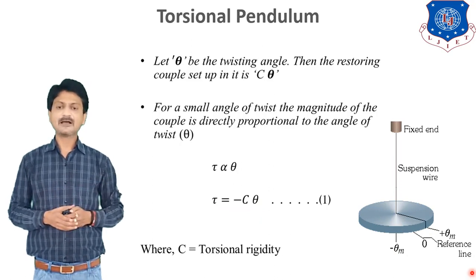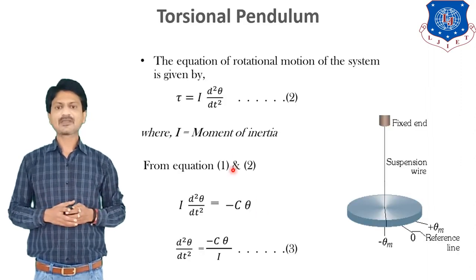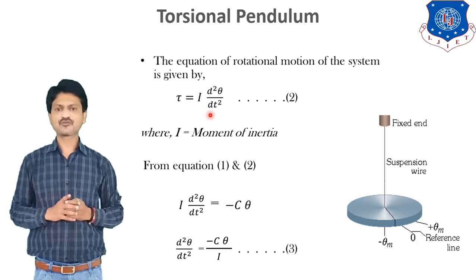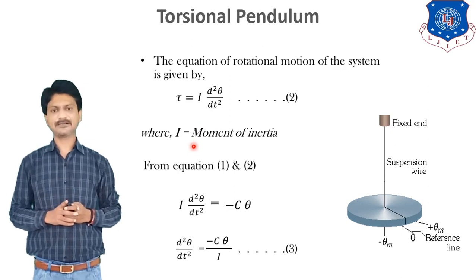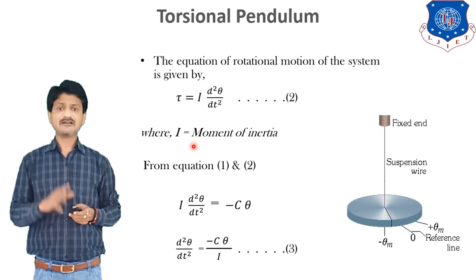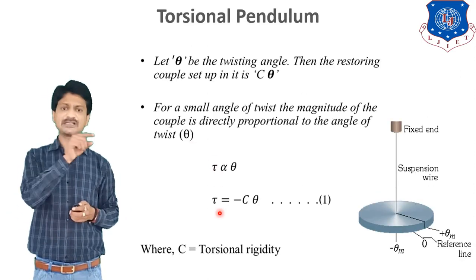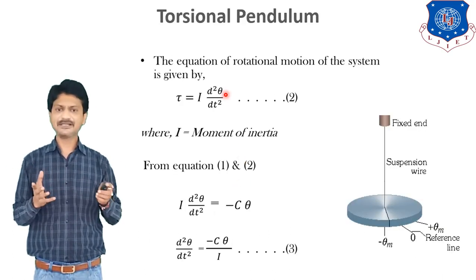Now we know that the equation of rotational motion of the system is given by tau equals I d square theta by dt square, where I stands for moment of inertia. So we have the first equation, tau equals minus C theta, and the second equation, tau equals I d square theta by dt square.